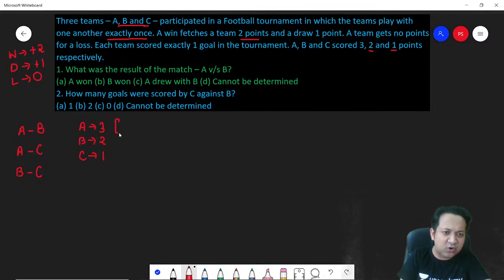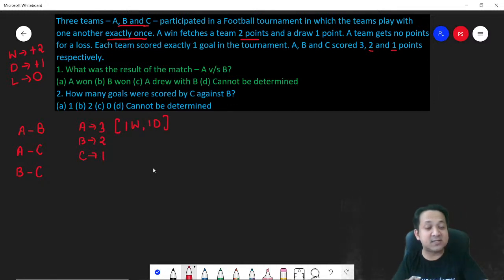If A has scored 3 points, it must have been 1 win and 1 draw, because 2 plus 1 is 3. Correct? What about C? C is having 1 point. So for sure I can say C must have drawn 1 match and lost 1 match.